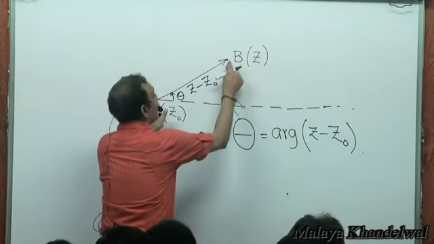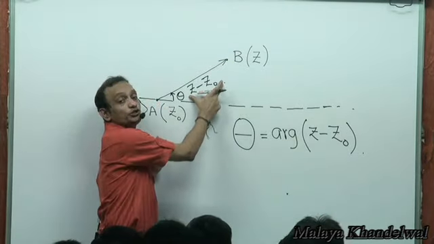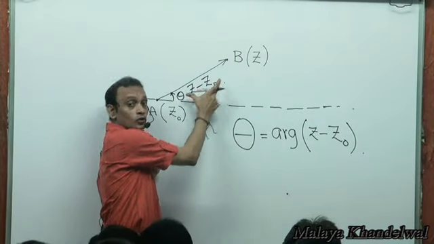And the length AB was the magnitude of this vector z minus z0.